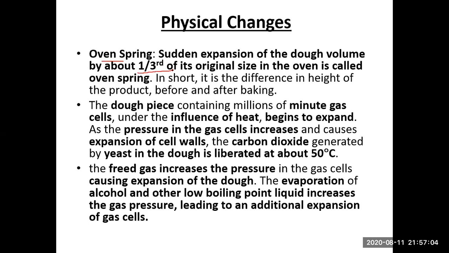And what happens here? It happens because there are lots of air and gases in your dough, along with moisture. Whenever all of these things expand and get pressurized in the cells of the dough, your dough automatically increases in volume from the original. It's called the oven spring process.